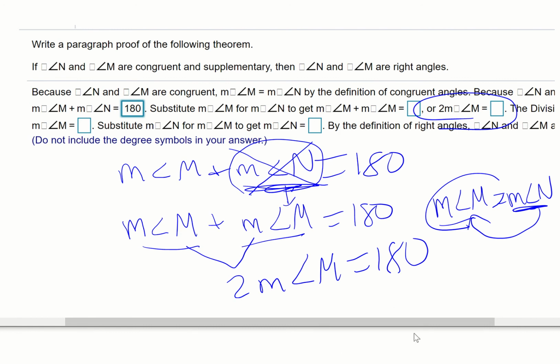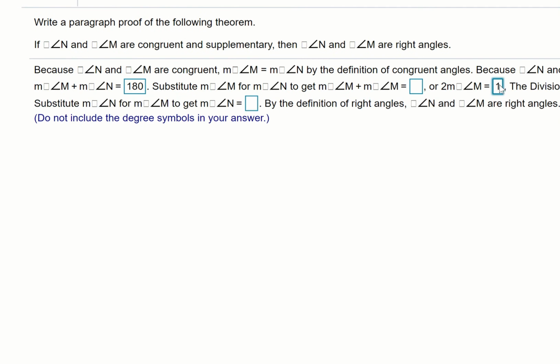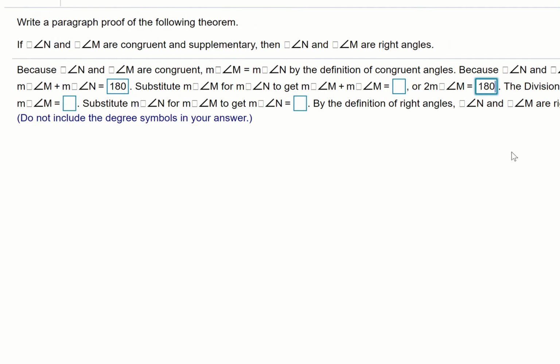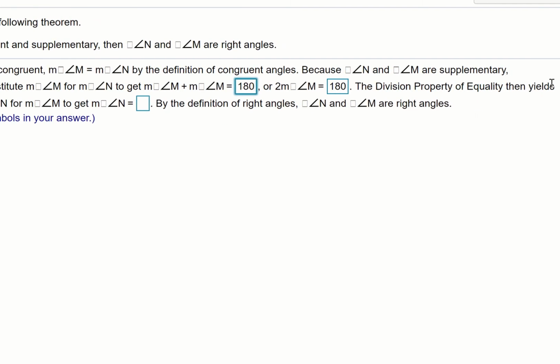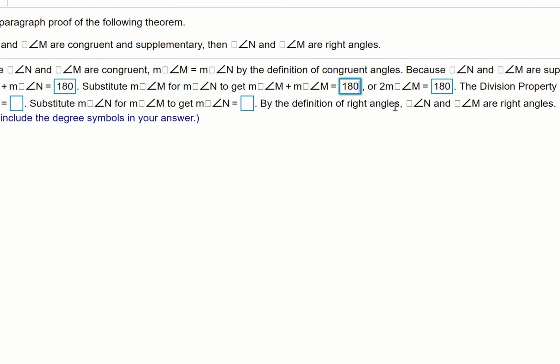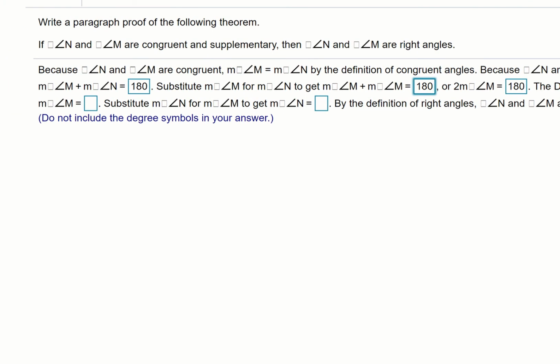Okay? So let's go back to the problem. So this is equal to 180 degrees. And this is also equal to 180. So the division property of equality then yields... So then what we're going to do now is use the division property.